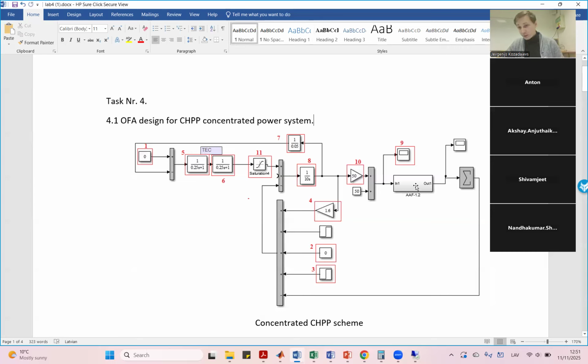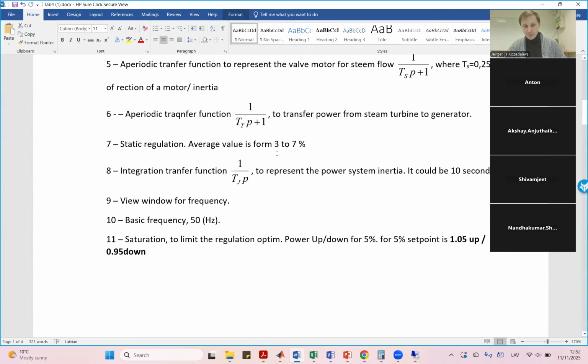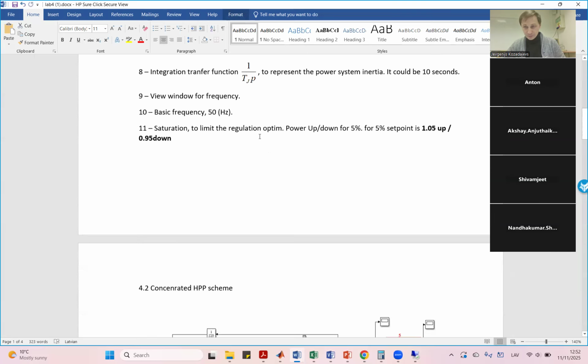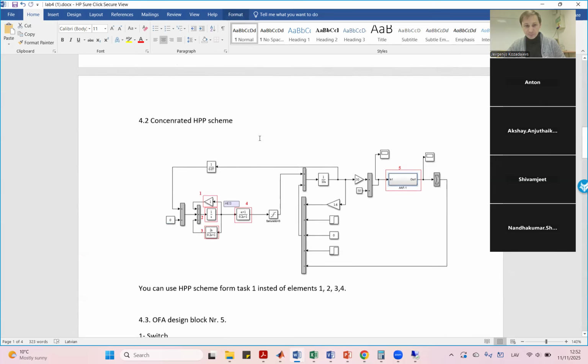And what is new? This block, the under frequency automation block, whose task is to analyze the frequency and to disconnect load if we have a problem with balance. In other words, when we have a frequency drop. Okay, this is the transfer function explanation.